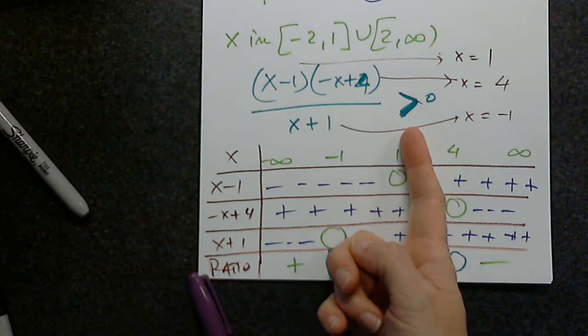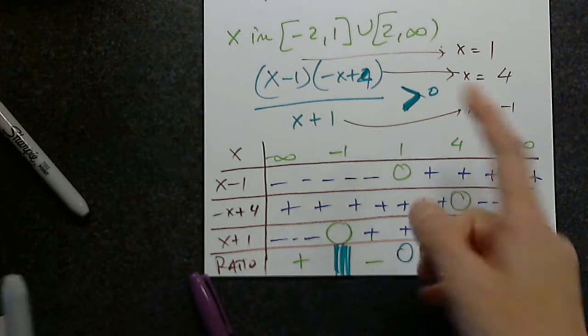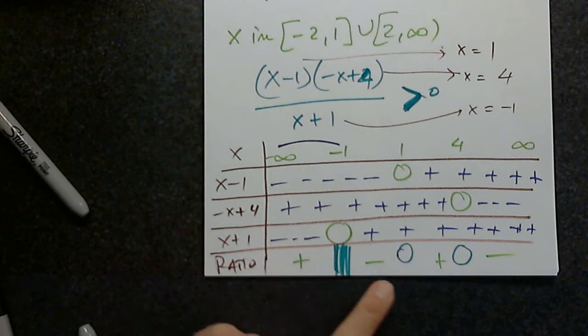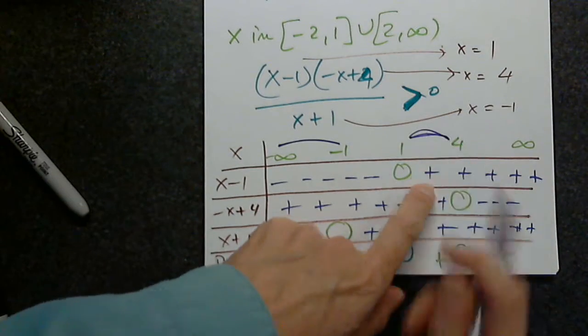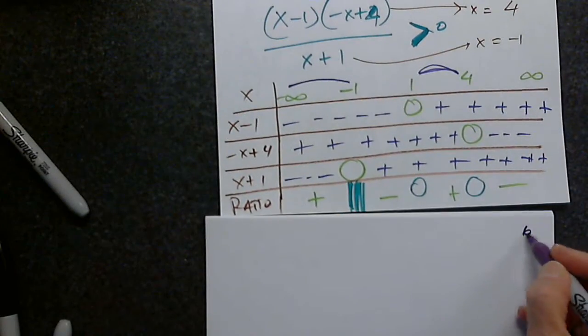Which sign do I pick? The inequality symbol that you chose tells me which sign to pick. So is the ratio ever positive? Right here, and right here. So let's write the final answer.